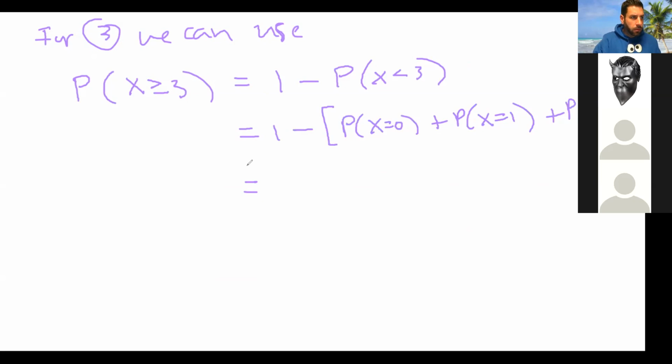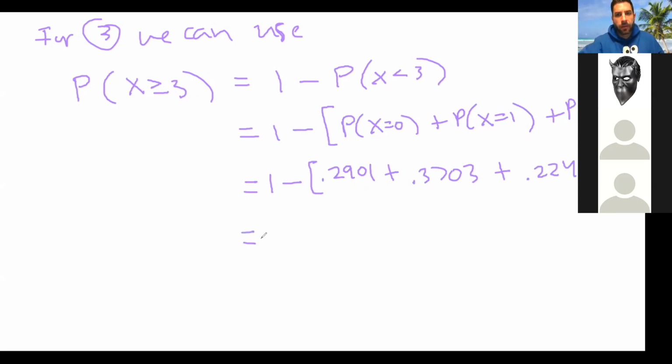So this is 1 minus 0.2901 plus 0.3703 plus 0.2246. And then if we add those guys up on our calculator, we get 1 minus 0.885.